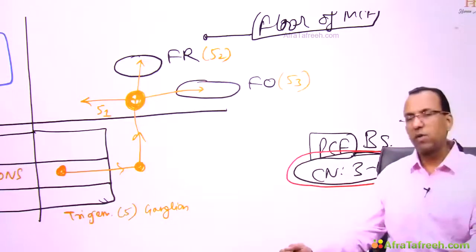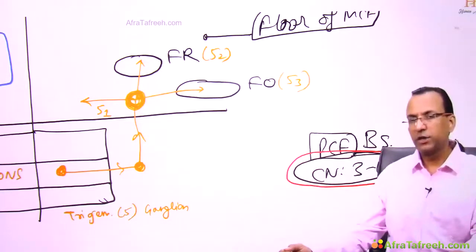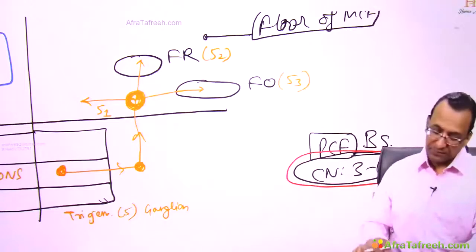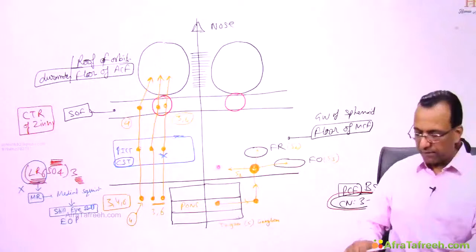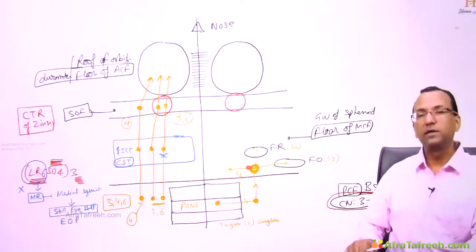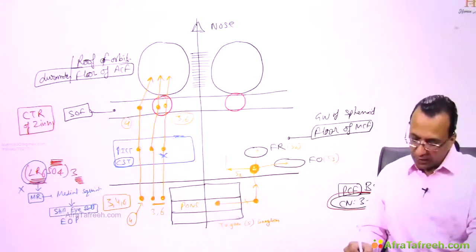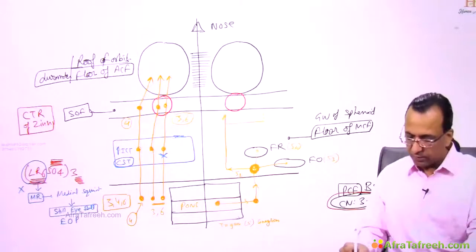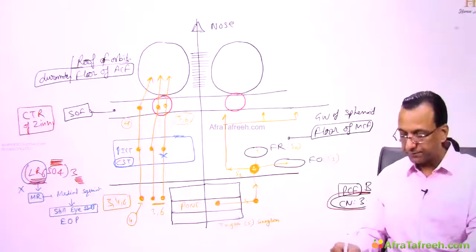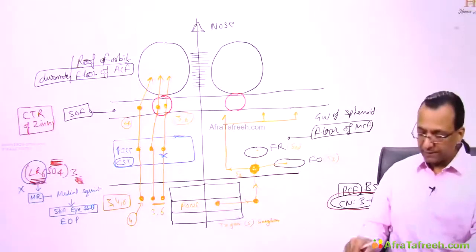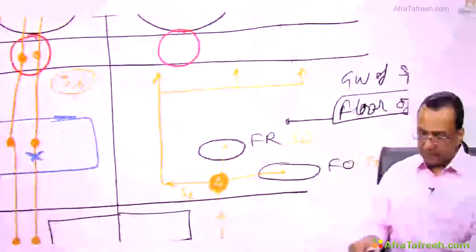Can you discuss more about V1, the ophthalmic? Yes, let us discuss V1. If you remember, the ophthalmic division of the trigeminal gives three sensory branches which pass through the superior orbital fissure to enter the orbit.